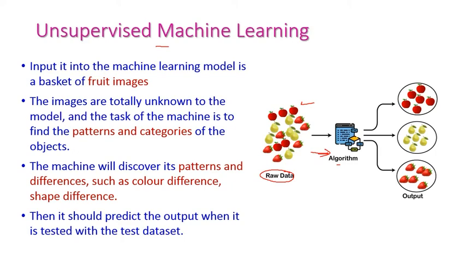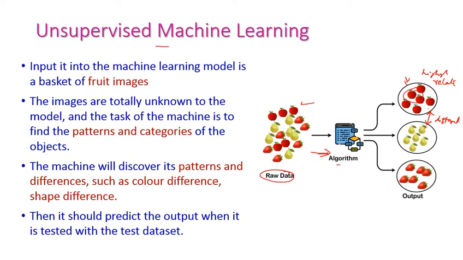Okay, so within a group, the objects inside the group are highly related to each other, and the objects between the groups, this group and this group, are highly differentiated. The difference will be very high between groups. Here the relationship will be very high within a group.